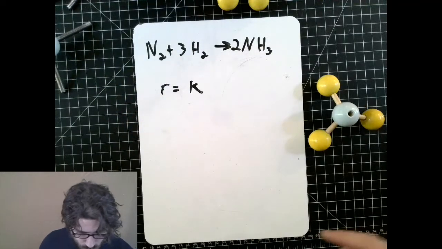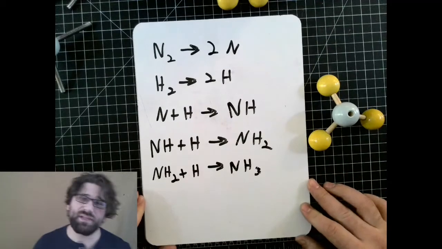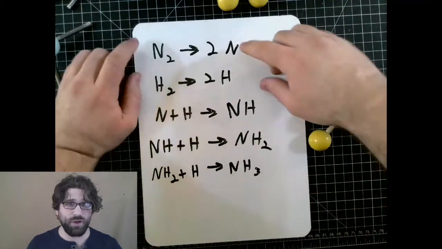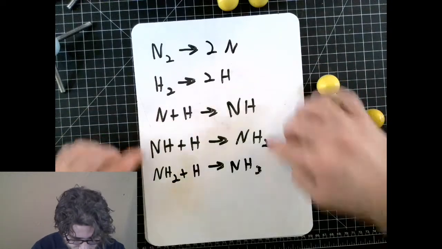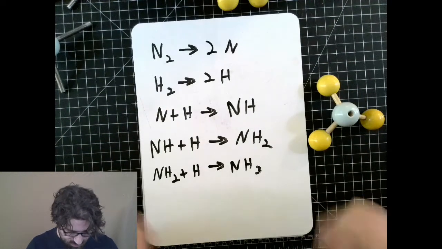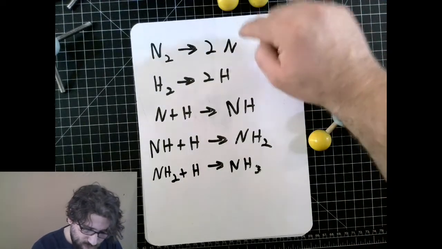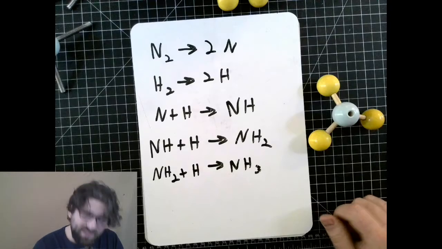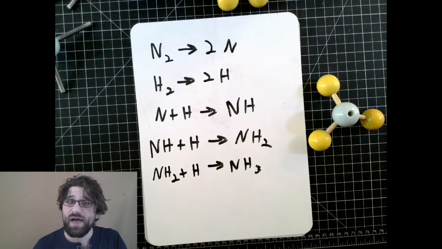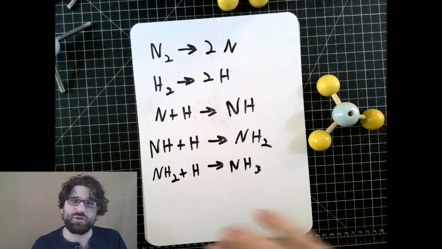So ultimately, the idea that we're trying to get across here is that each of these steps is an elementary reaction. Each single step is an elementary reaction. And the stoichiometry in these specific steps will have a rate law that reflects that stoichiometry.